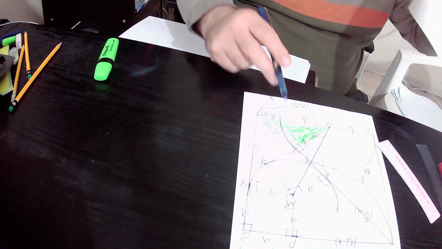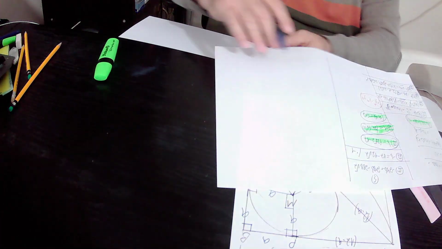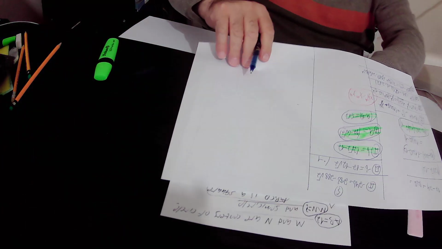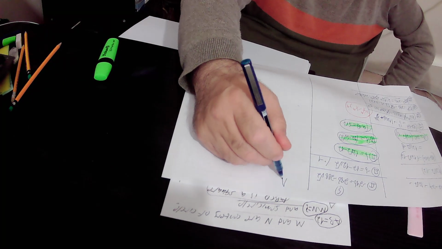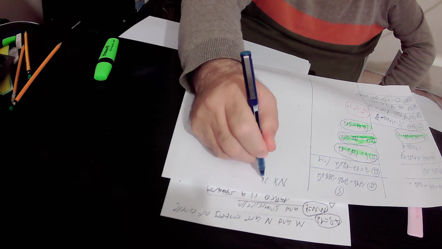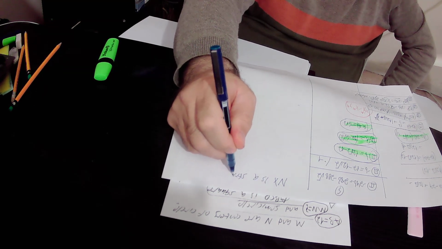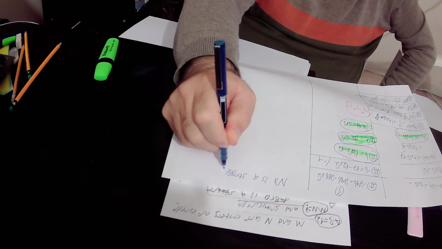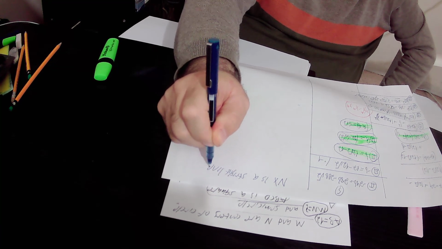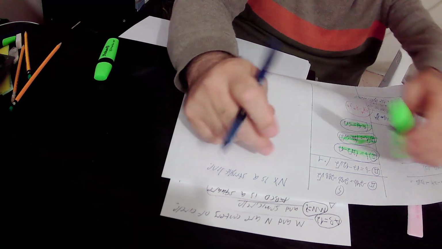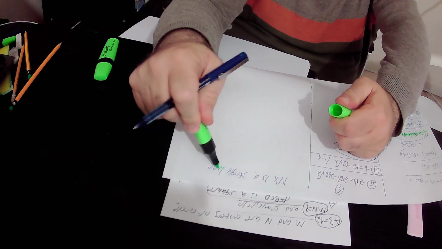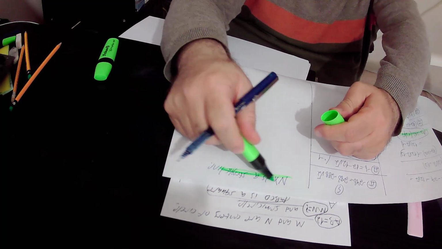Therefore NX is a straight line. We can write down here that NX is a straight line.